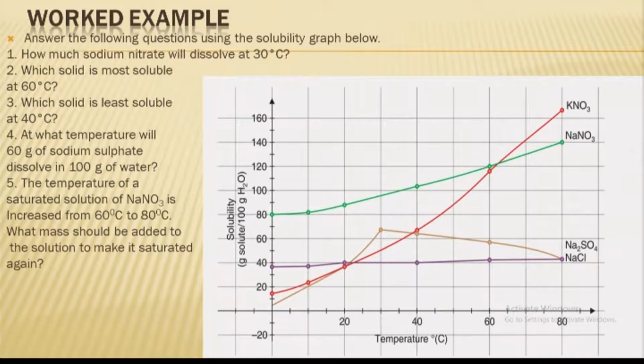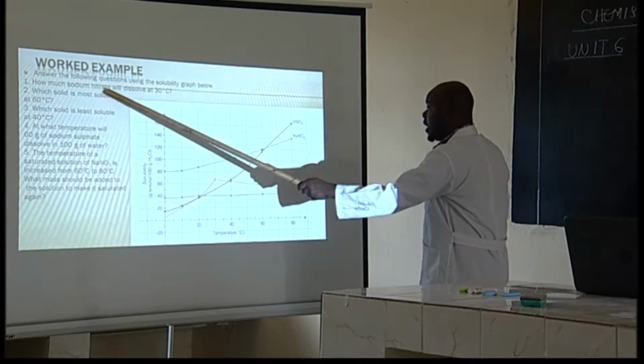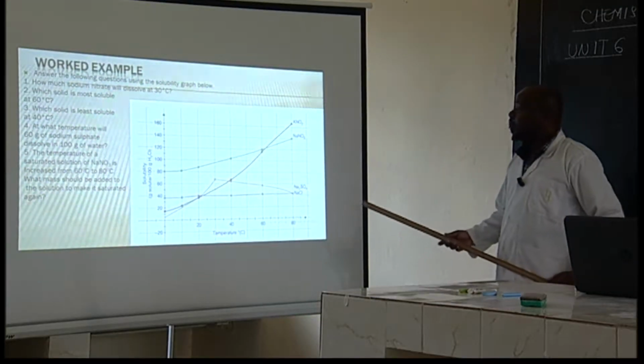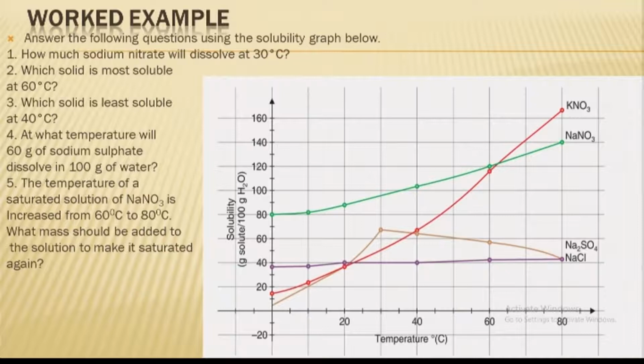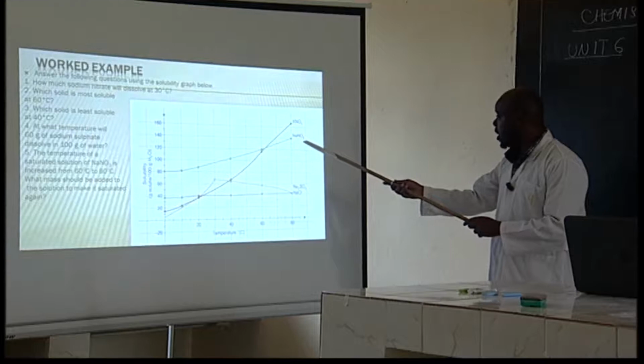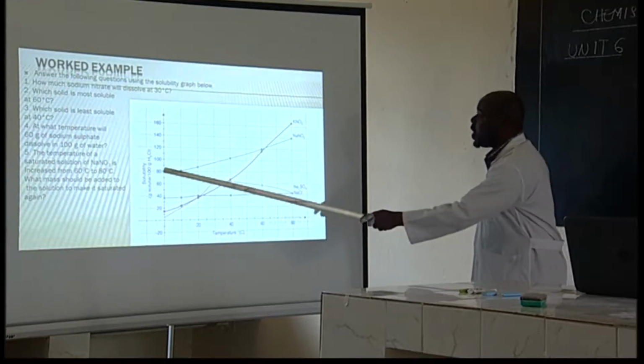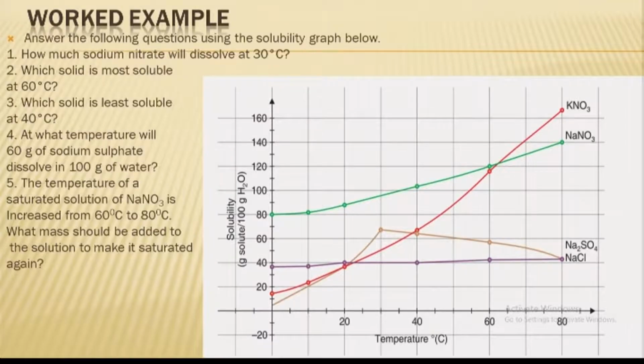But on the graph, we have so many curves. So we don't use any, because there is a particular substance the question is considering. And the particular substance the question is considering is sodium nitrate. The curve which is representing the solubility of sodium nitrate is this one in green color.